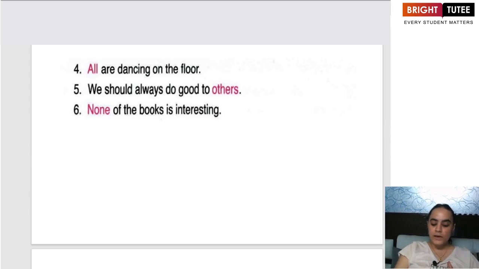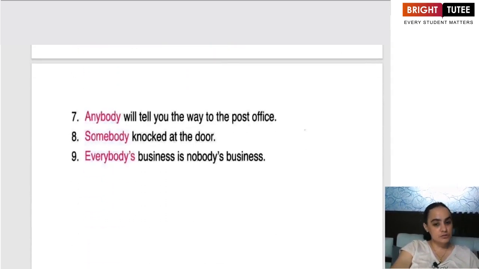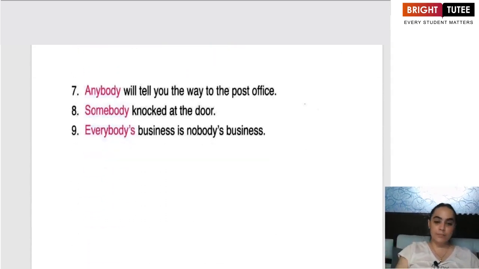We should always do good to others. So others, again, is in general that we are referring to. None of the books is interesting. None of the books, again, we are not talking about anything in specific, but referring to the general. Anybody, somebody, everybody, as I have told you, all these are indefinite pronouns.